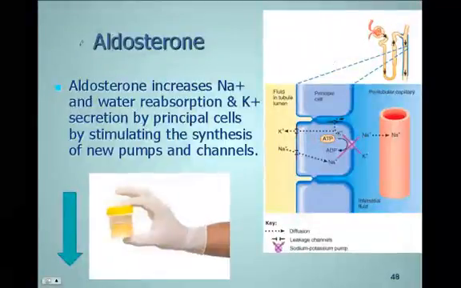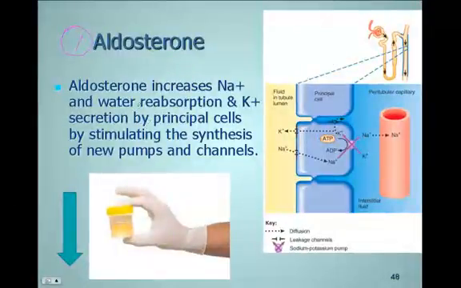So our first hormone that we're going to talk about is aldosterone. Aldosterone is a hormone that increases sodium reabsorption. And because it increases sodium reabsorption, you got it, water is going to follow. It also increases potassium secretion. So you can see potassium is being secreted in the opposite direction here.